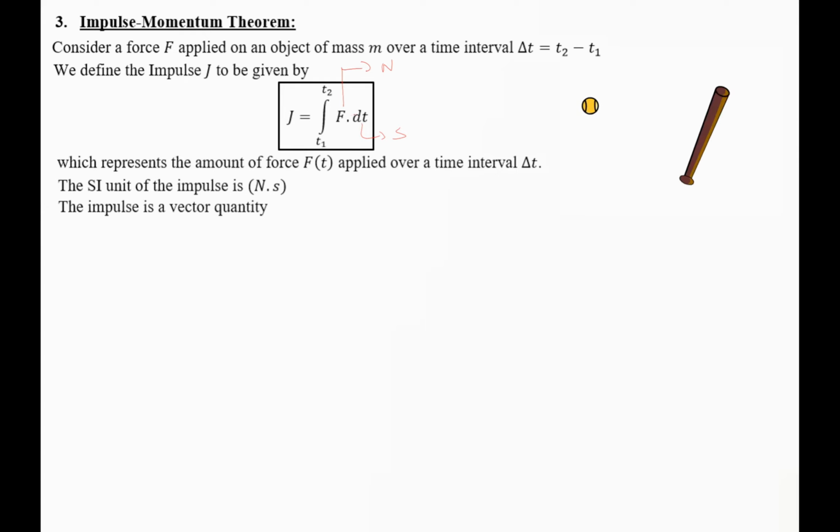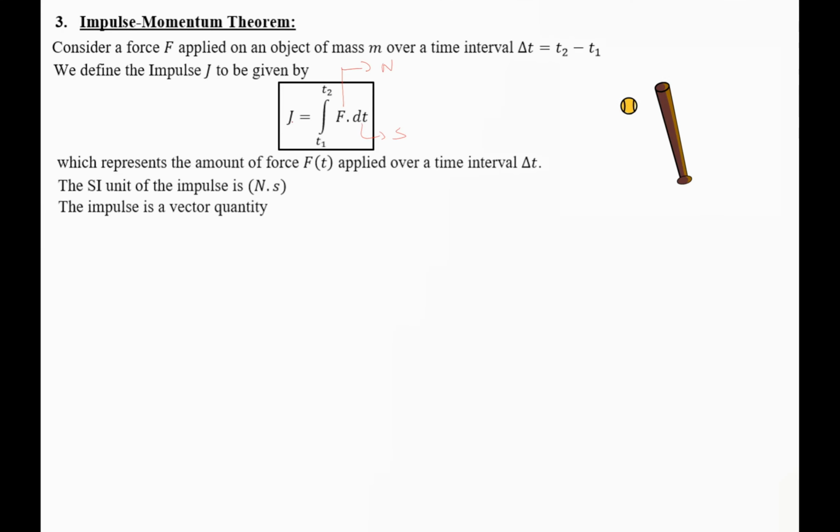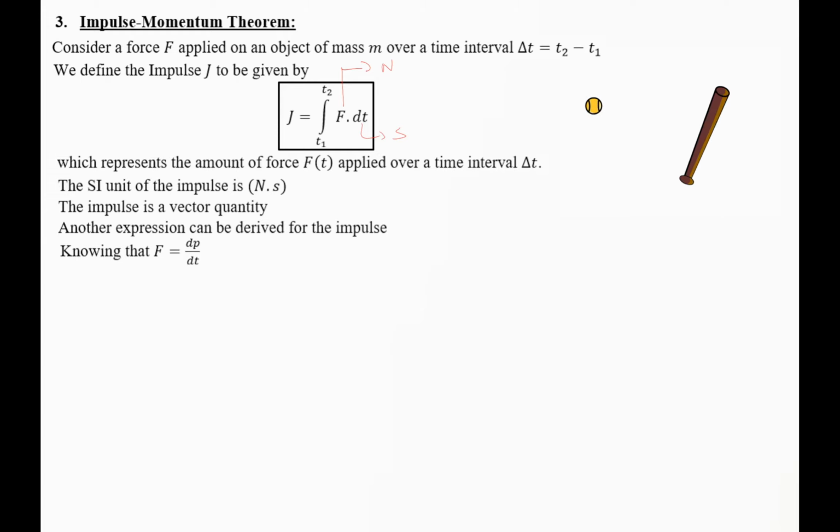Why? Because as we have claimed previously, if F is a vector and dt is a scalar, then a scalar multiplied by a vector would give us a vector. Another expression can be derived for the impulse if we perform the integral and we apply Newton's second law. So basically this is the definition of the impulse. Now F can be replaced by Newton's second law, which is given by dp by dt.